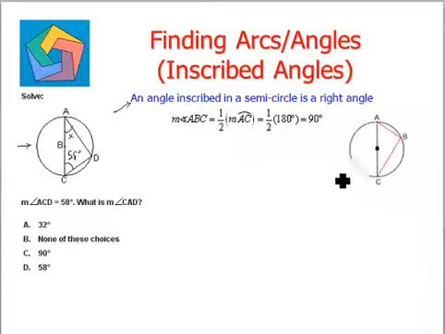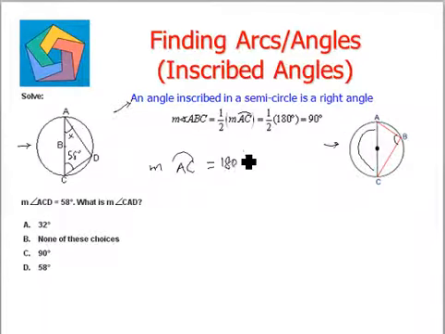If we look at the figure over here, AC is a diameter and a triangle is being formed, that is ABC. Now measure of angle ABC is half of the measure of the arc AC. Now the full circle is 360 degrees, so half of the circle, that is measure of arc AC, would be 180 degrees.